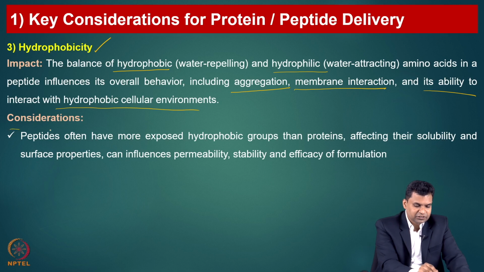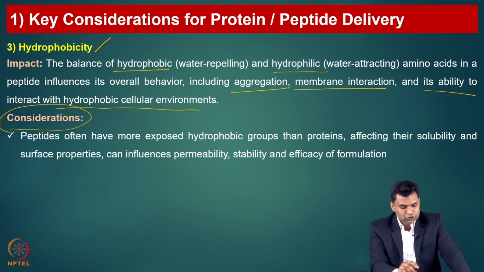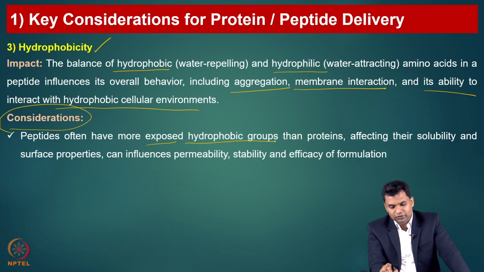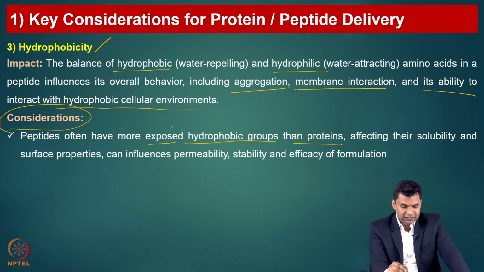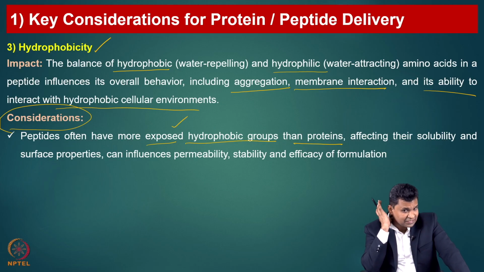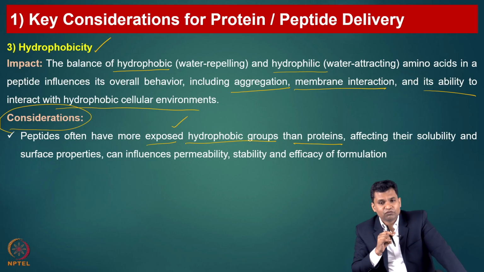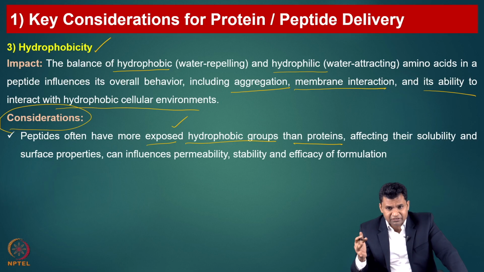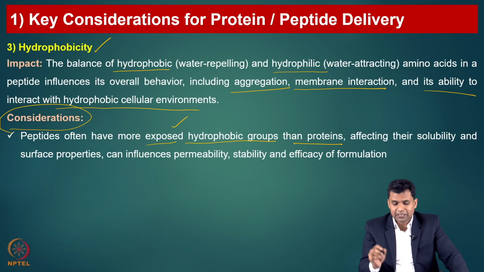And the consideration point is that peptides often have more exposed hydrophobic groups than proteins, because their number of amino acids is very small and the exposure of the hydrophobic groups will be very high compared with proteins. That hydrophobicity percentage will also influence the solubility.